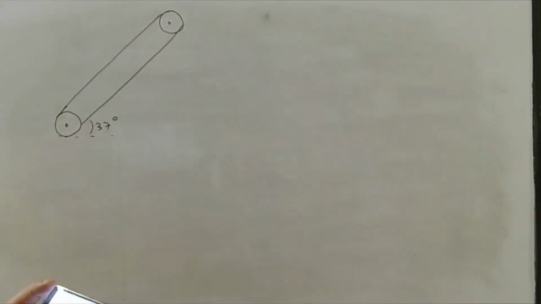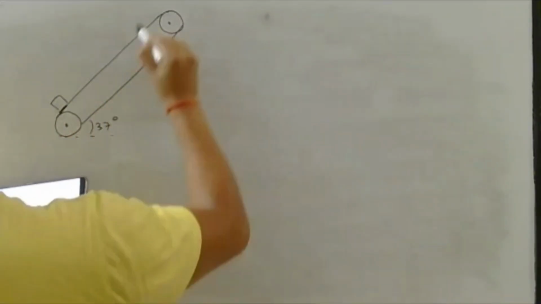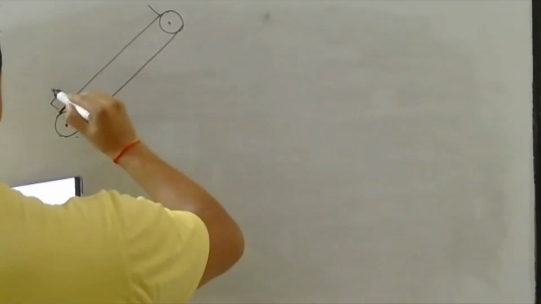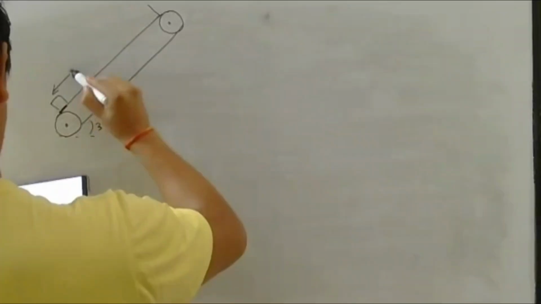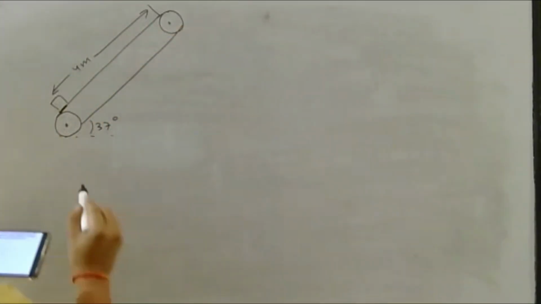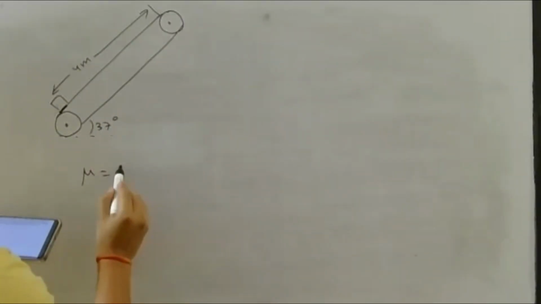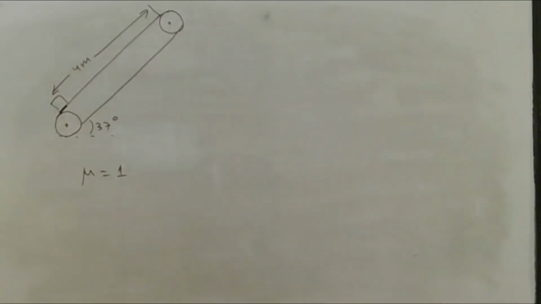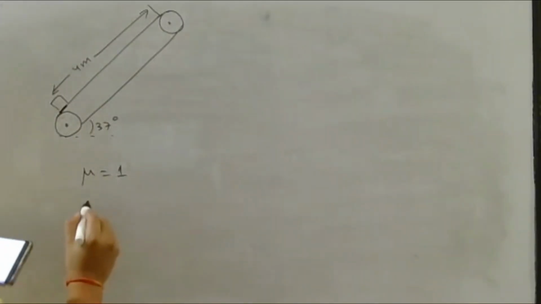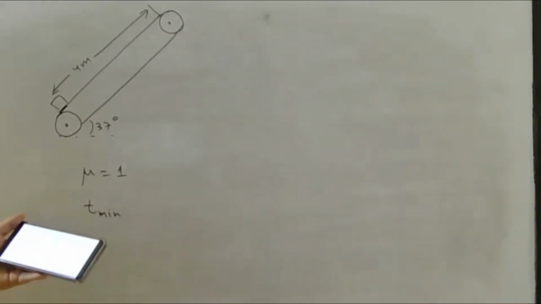The coefficient of friction between the belt and the block, there is a block here. Coefficient of friction is 0.1. They are asking the minimum time in which the block can reach the top.